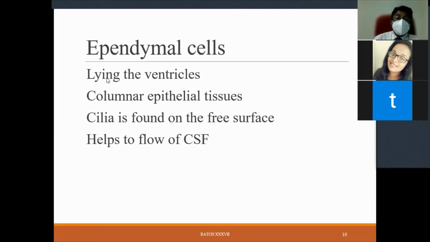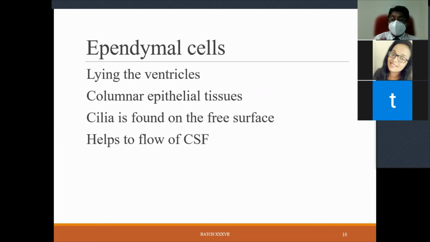So these ependymal cells are the lining of the ventricles, right? And it is comprised of columnar epithelial cells, and the outer surface of the epithelial cells has fine hairs, which we call cilia. So cilia are found on the free surface, and these fine filament-like structures help to flow the CSF.